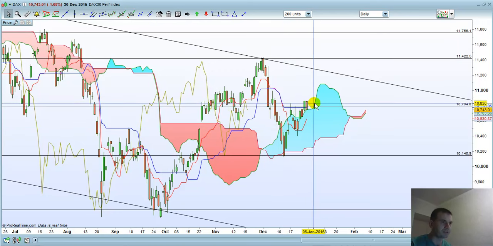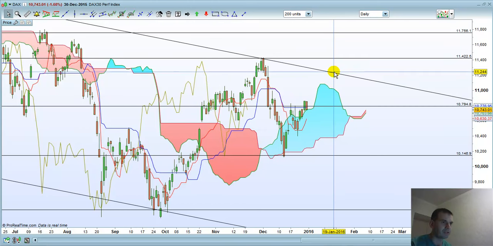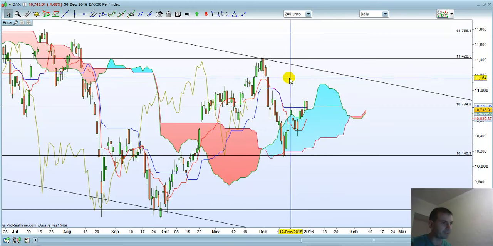If price rises, then the nearest profit goal can be the upper border of the channel. But price should overcome the cloud's shadow here, as you can see here.